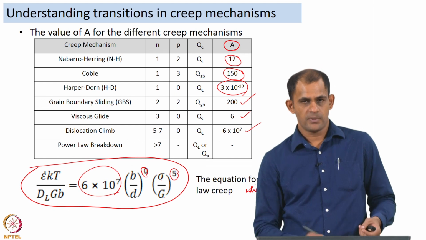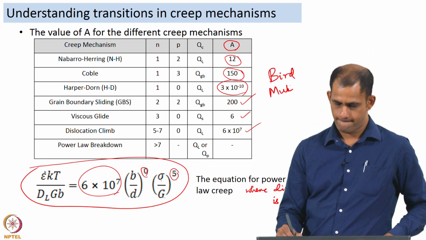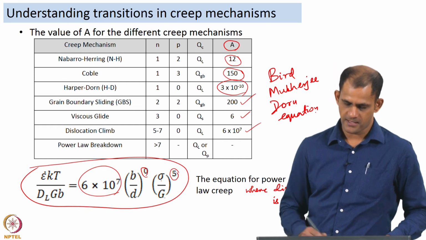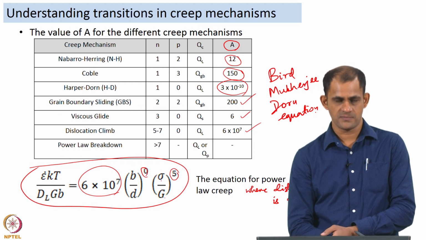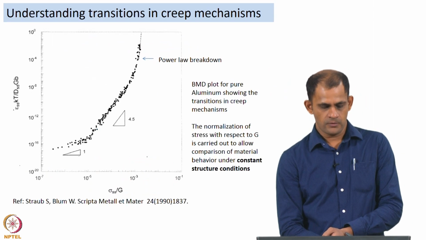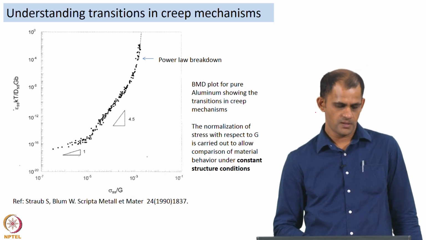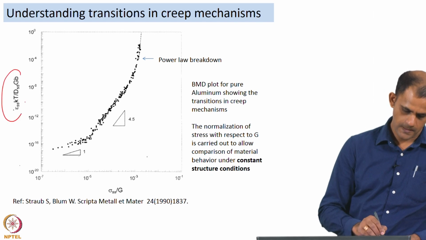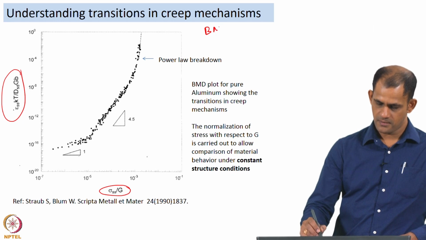So, this is how the Bird-Mukherjee-Dorn equation would look like, and a similar exercise can be carried out for the different other mechanisms shown here. Now, if you plot the normalized strain rate, so this is a normalized strain rate versus normalized stress in a BMD plot.